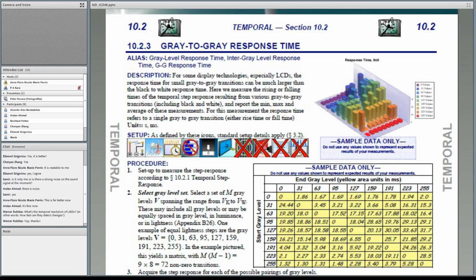So because of this, it makes sense to create a matrix of different gray levels from where the transition starts and to where the transition is going. And as you can see from both the table and the chart above it, there are quite huge differences in terms of the response time.